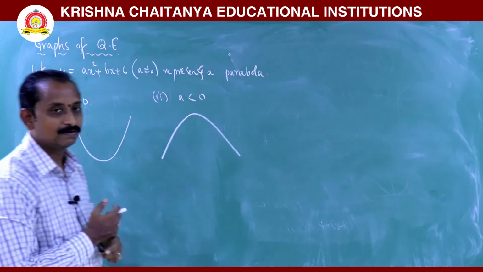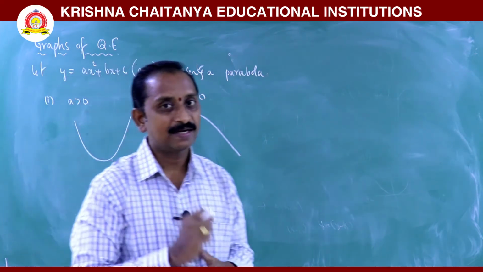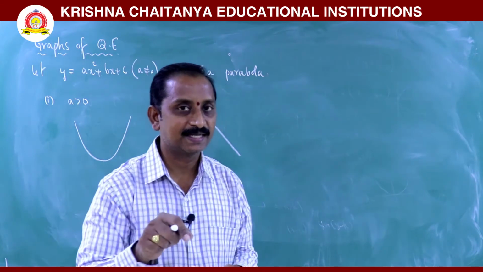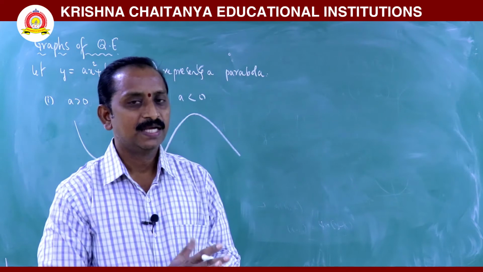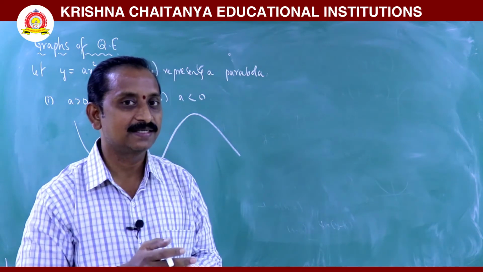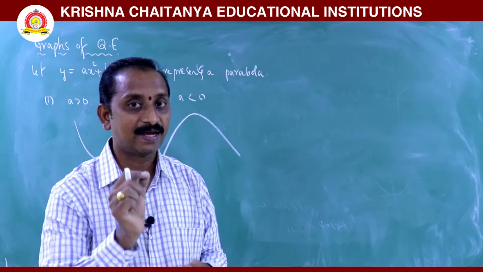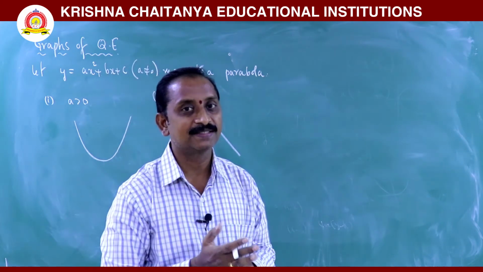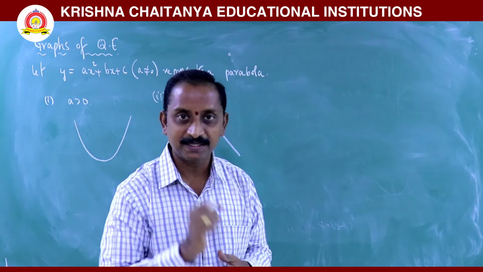Next, after this conclusion, now check whether the curve intersects the x-axis or not. If it intersects the x-axis, we already know that it has real roots. If it does not intersect the x-axis, it has imaginary roots.